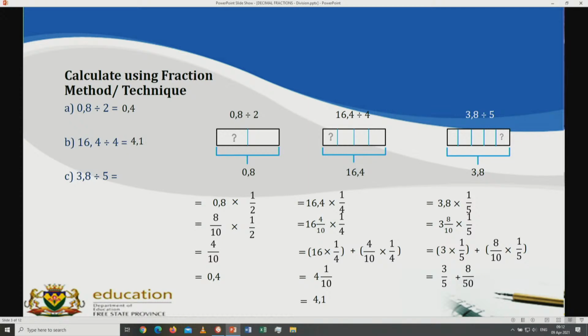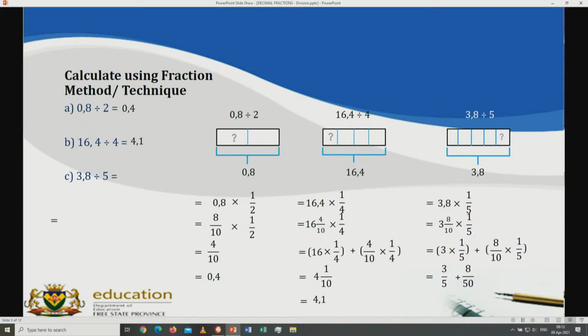But it should be equivalent to what? Now remember, for us to get the decimals quickly, we must make sure that the denominator is either 10, or 100, or 1,000. What we can see here is that we can go straight to hundredths.